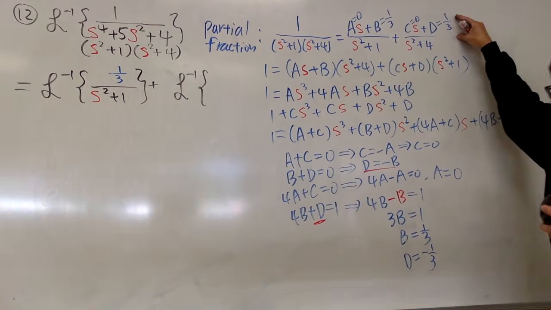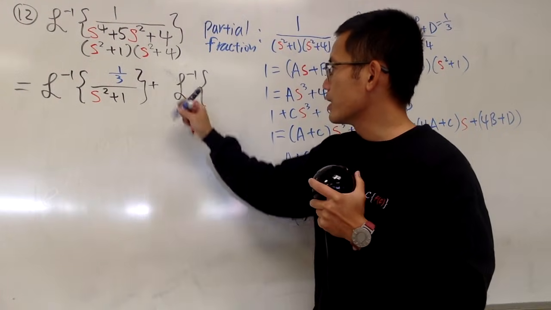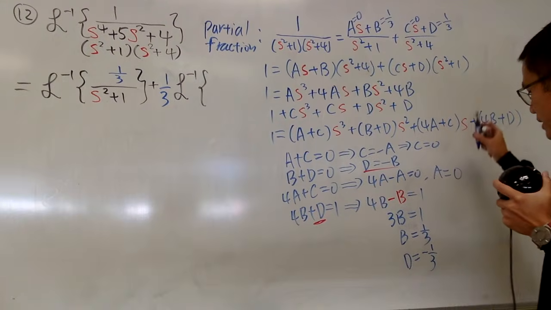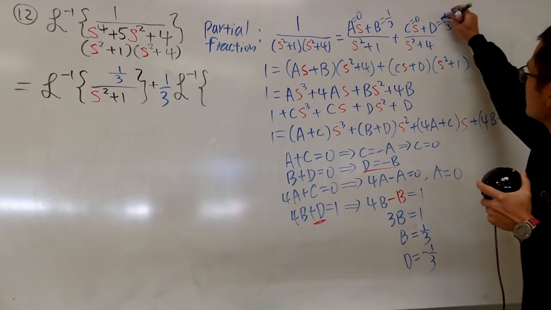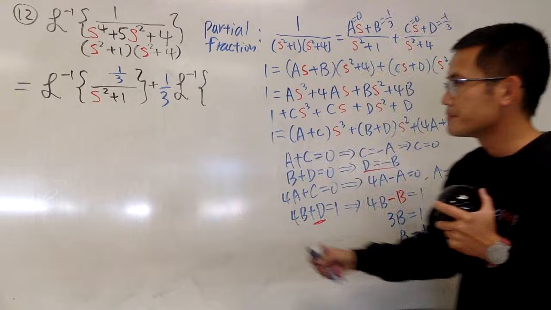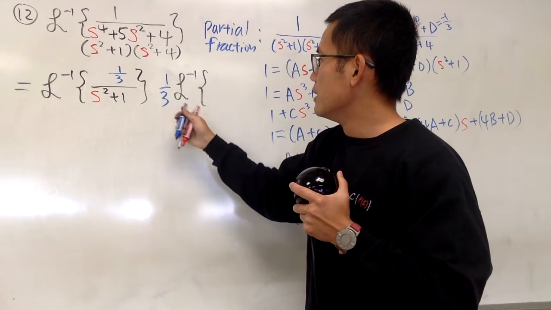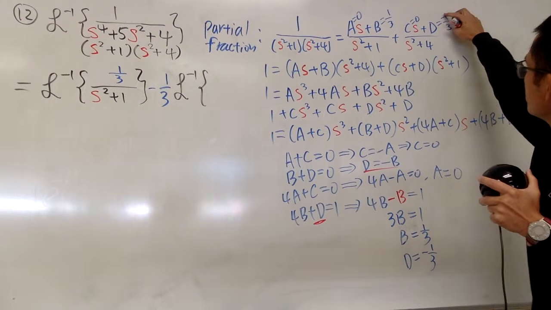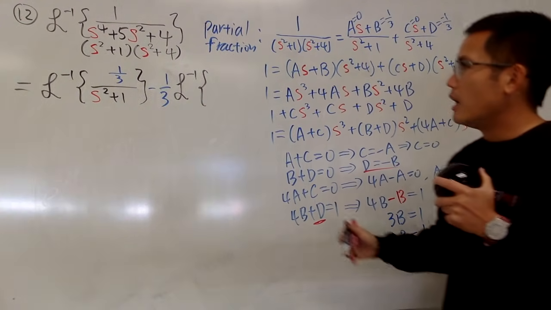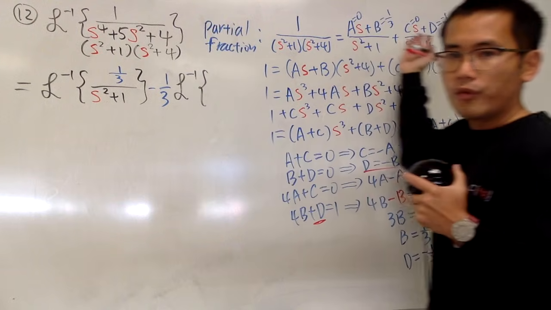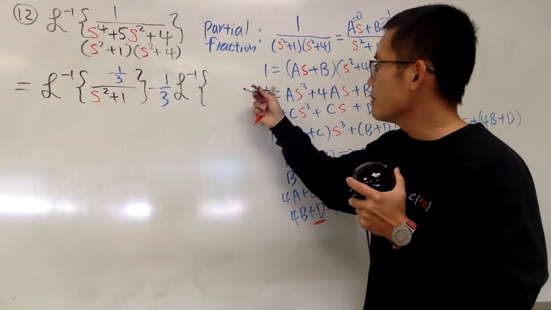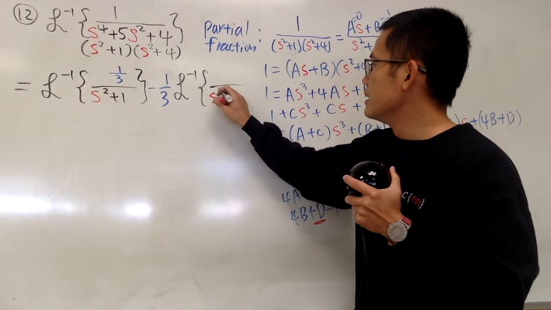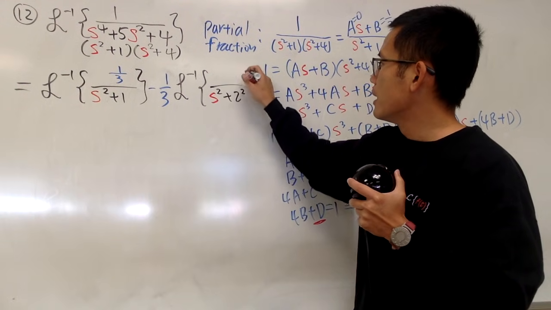We have a 1/3, so we can put that in the front. And wait, d is negative 1, so this is technically minus 1/3, and you can see that that's meant to be a negative 1/3. And then we have that over s² plus 4, which is s² plus 2², like that.